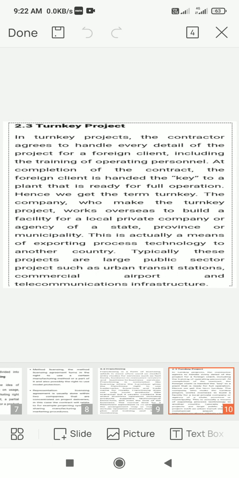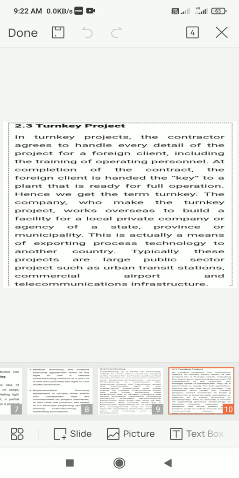Here given turnkey project, another way by which you can enter the international market. The contractor agrees to handle every detail of the project for a foreign client. Understood? Now, suppose the client is foreign and the person taking the contract is ready to contract everything whatever they have in favor of that client. So suppose you need to give training to one person, up to the completion of the contract.